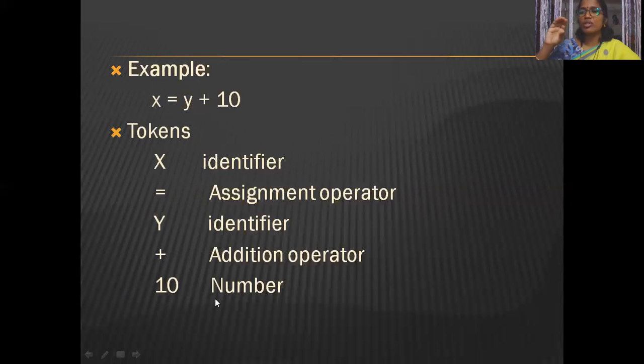So you have divided your instruction into different parts and saved them with different names: identifiers, operators, numbers, and so on. So you have classified your instruction into different items. This is done in your first phase.